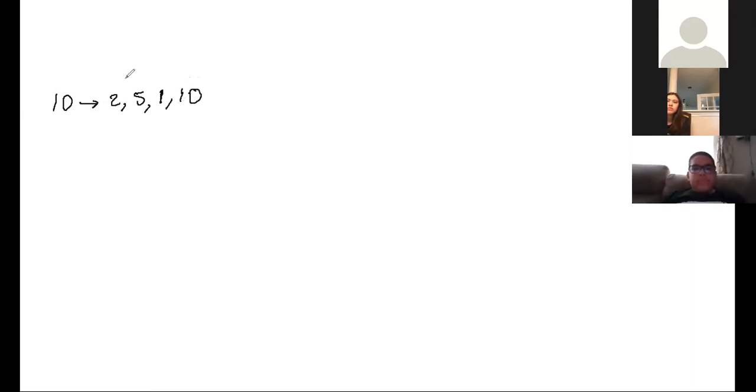There's one more. 1. Yeah. So knowing that, so you have 10, 2, 5, 1, and 10. Would 10 be a prime or composite number? 10 would be a composite number. Yeah, because it's not just divisible by itself.